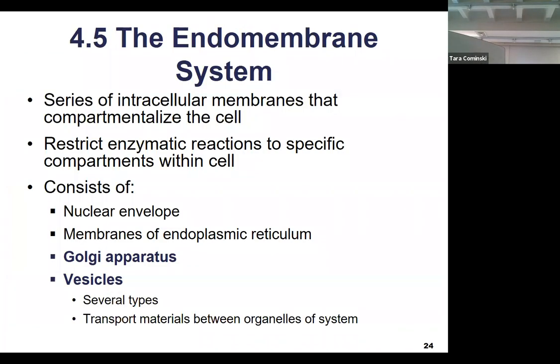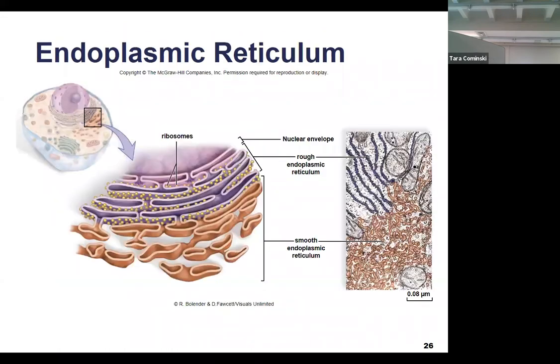Okay, then we talk about the endomembrane system. Okay, so remember it's the nuclear envelope, right? The membranes of the ER, the Golgi apparatus, and then vesicles. Everything is made up of membrane. So again, this is showing you both the rough ER and the smooth ER there.